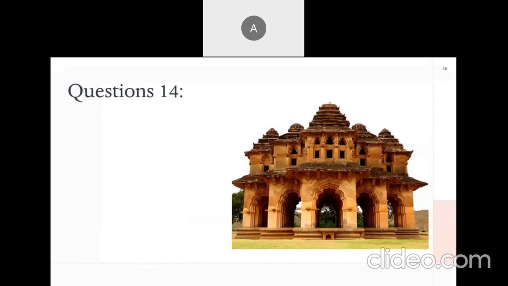So question number 14. Identify this one. This is actually a beautiful structure.